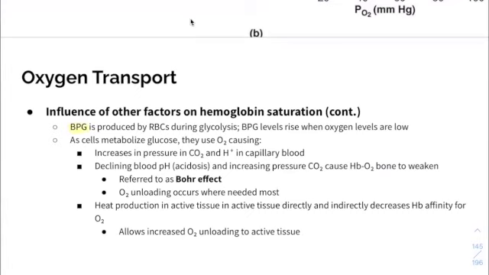BPG is kind of a byproduct of glycolysis in red blood cells. So BPG levels go up when oxygen levels are down. Hopefully you talked about it in Anatomy 1.